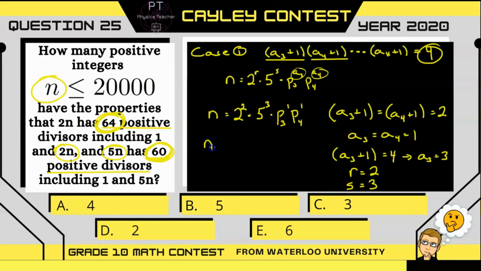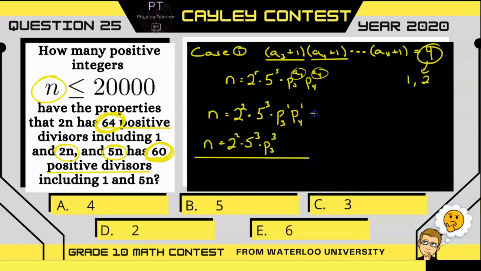So another possibility for n would be 2 squared times 5 cubed times p3 cubed. Now you can look at cases 2 and 3 where these values are 1 and 2, and I encourage you to do that. But what you'll find is that there are no possible values for r and s where that's going to work out. So let's just continue on with this to see how many possible values of n we actually have.